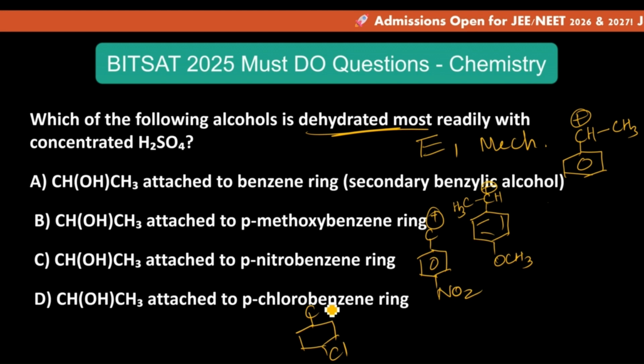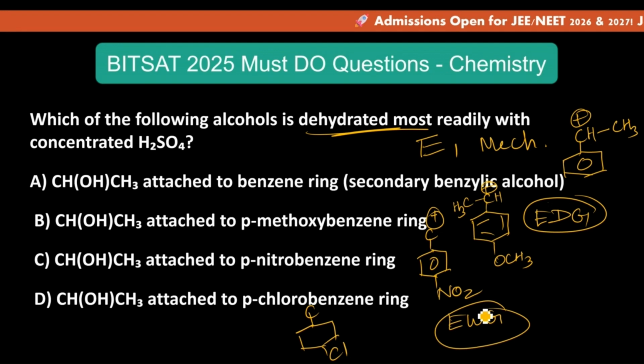The first one has no substituent at all, that is the baseline stability, let's compare it with the others. So para-methoxy is a strong electron donating group, showing the plus M effect, and the nitro group is once again a strong electron withdrawing group, showing the minus M effect.